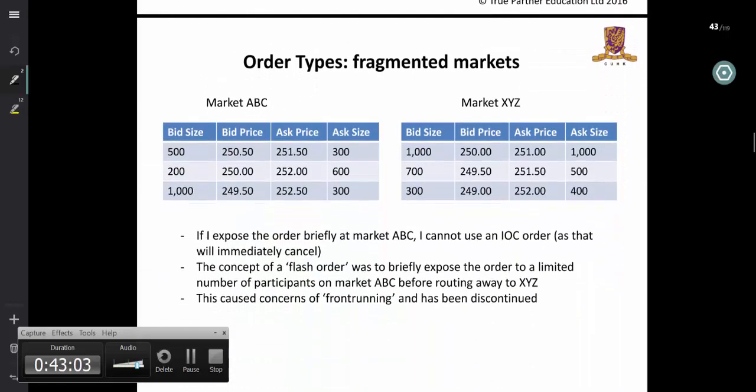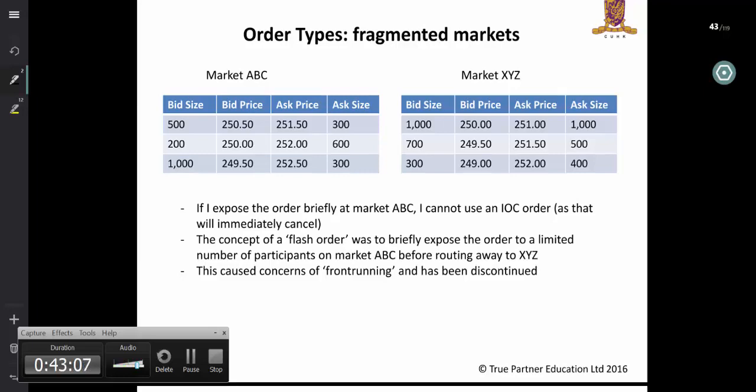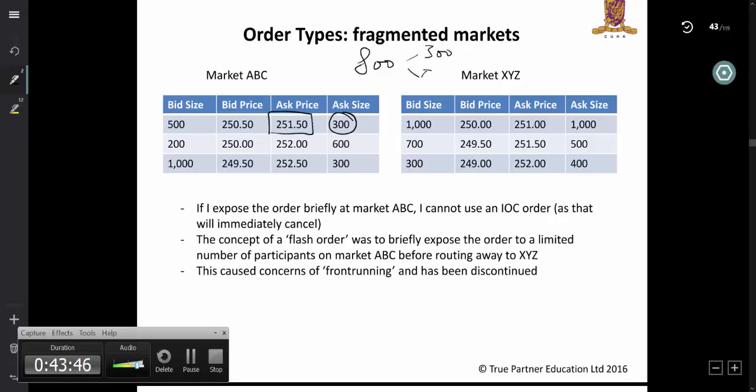Now, as to the question, when you come to the next page, let's say you want to buy 800. If you want to buy 800 shares and you go to ABC, since they only have 300 at this price, this will be executed and then the other 500 will be cancelled, because if you use an IOC, the rest of it will just be cancelled.